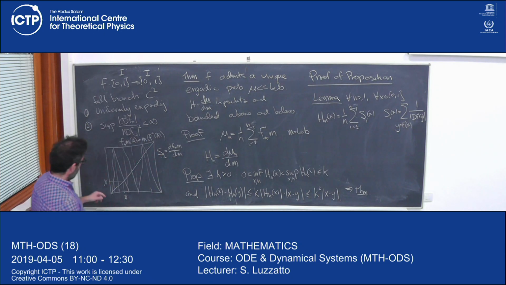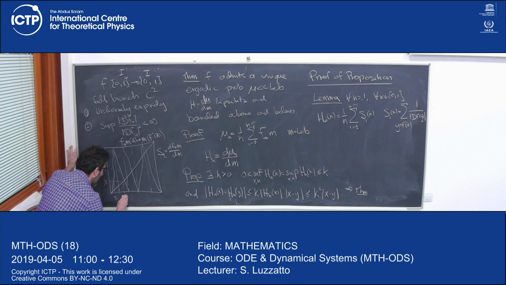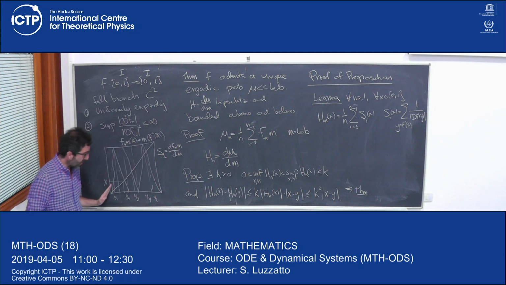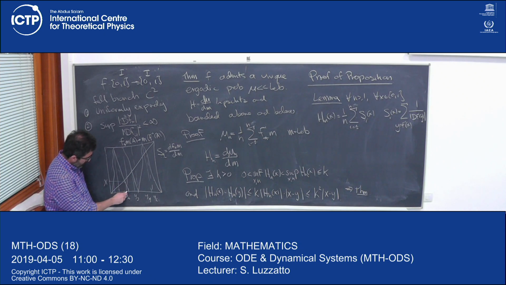And what I'm saying is that I have here y1, y2, these are all the pre-images, y3, y4, y5. If it is countable, it's okay. We have a countable set. And at each point y1, I calculate the derivative of the map. This is y2, sorry, y2 is here.